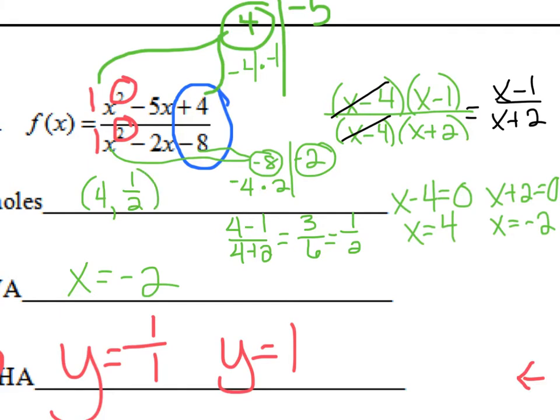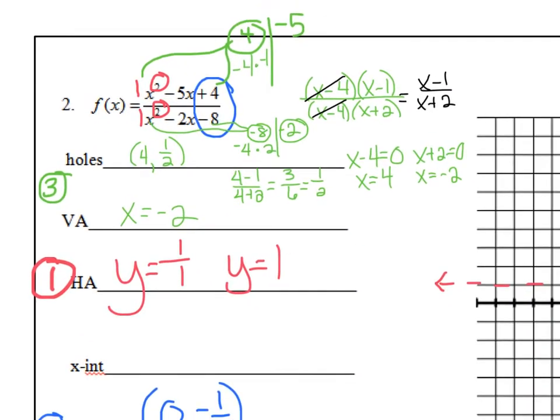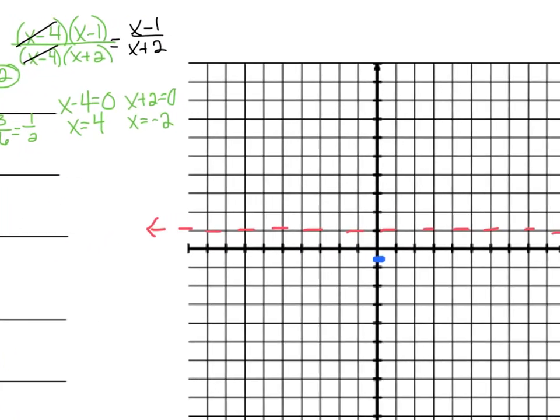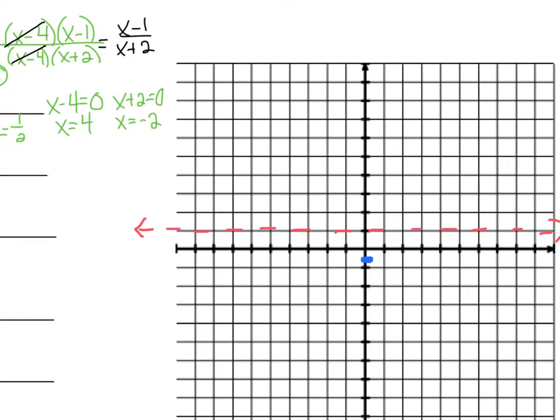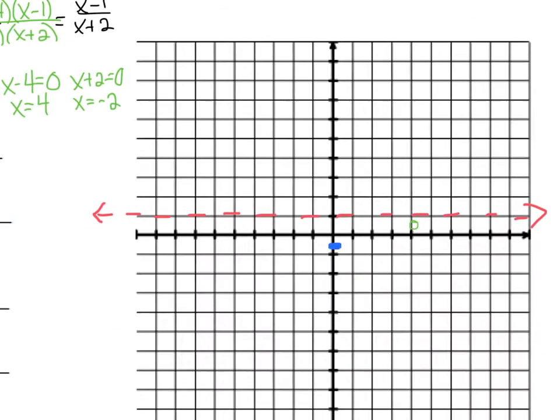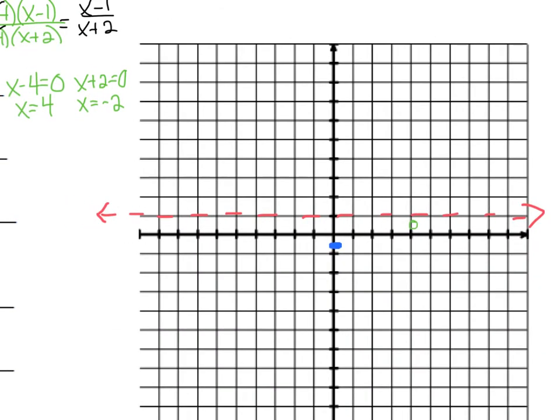So now let's plot the hole and the asymptote. So 4 and 1/2. Remember, holes are open circles. And the asymptote was at negative 2.